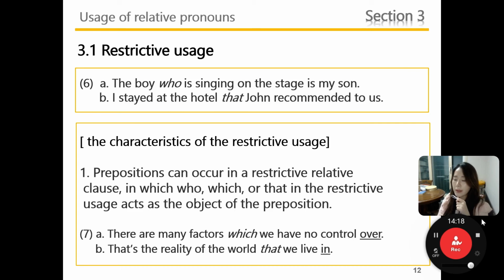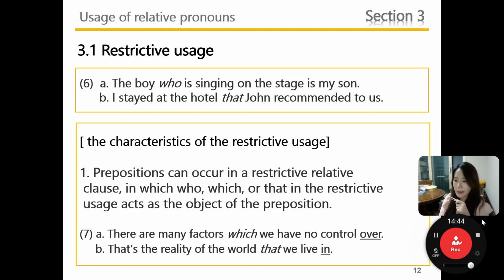The relative clause introduced by the relative pronouns can be divided into two usages: the restrictive usage and the non-restrictive usage. A relative pronoun that imposes a restriction on the antecedent is called the restrictive relative pronoun.